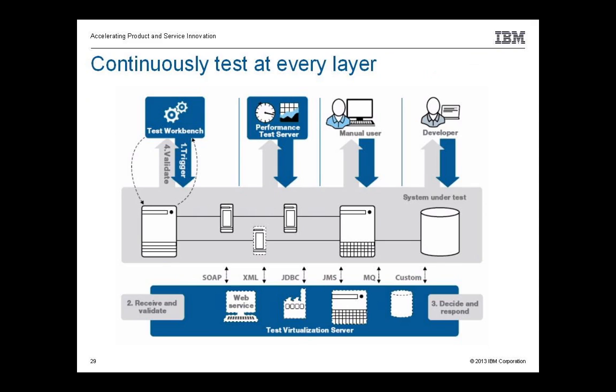Now, what this allows teams to do is start to test these integrations, and I can test at every layer of the application. I can test between the messages exchanged and the responses received between components, or I can test end-to-end from the UI down through the entire application, simulating the missing functionality with virtual components and validating that application end-to-end.